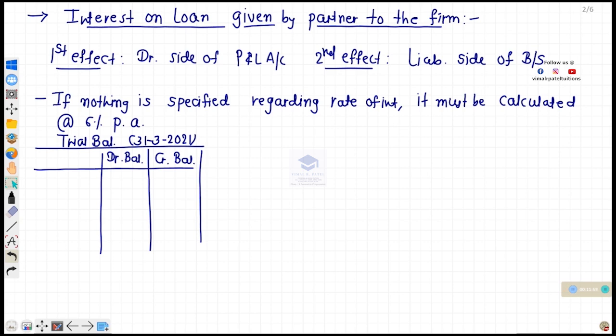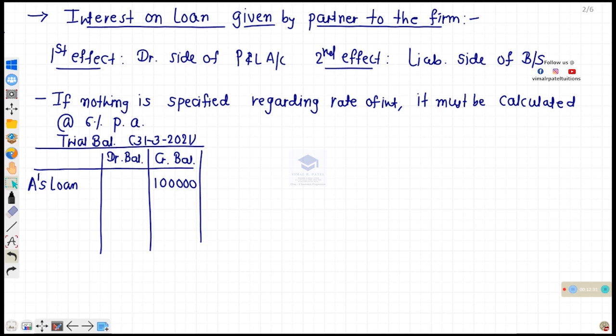Now, suppose there are two partners A and B. It is given A's loan one lakh simply. Then the rate of interest is not specified. Then interest will be calculated at 6% per annum. So the amount of interest will be 6% of 1 lakh, that is 6,000.